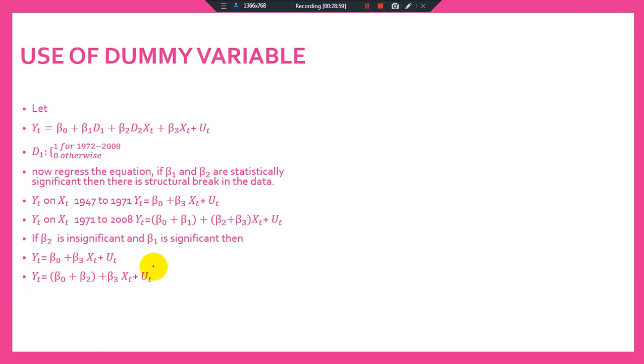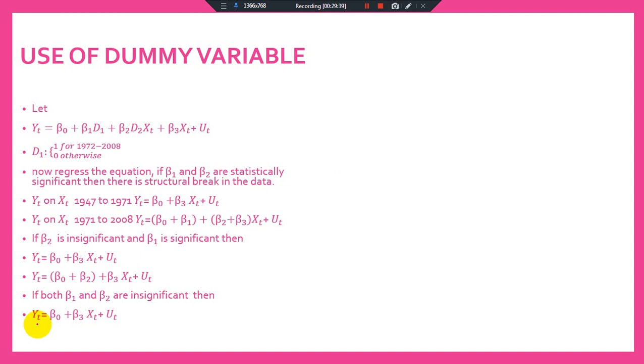If we have another equation, Yt equals beta naught plus beta 2 plus beta 3 plus Ut. If both beta 1 and beta 2 are insignificant, then our regression equation becomes Yt equals beta naught plus beta 3 Xt plus Ut. So in the case where both our dummy variable slopes are insignificant, we get this.